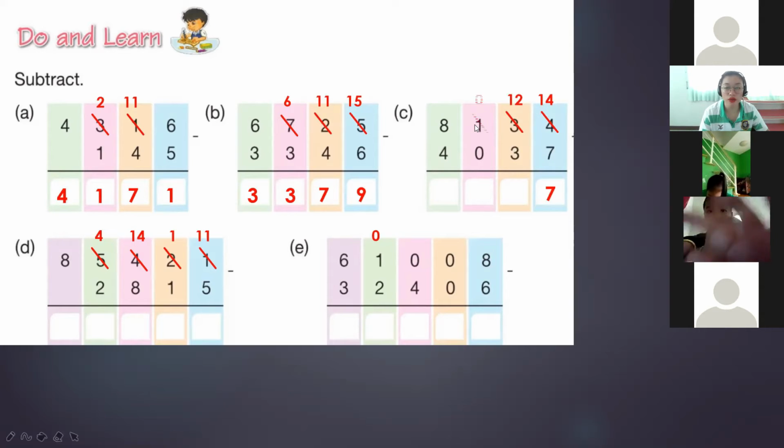We had borrowed from 1. So 1 becomes 0 and 2 will become 12. So 12 minus 3 is equal to 9 and 0 minus 0 is 0. 8 minus 4 is 4. So the answer for letter C is 4,097.